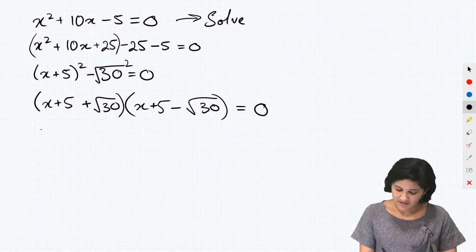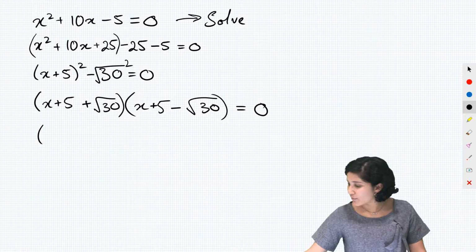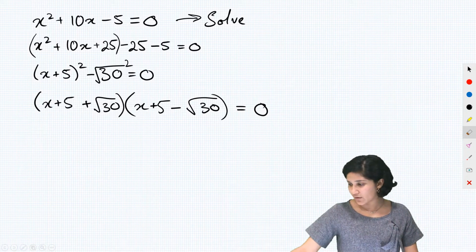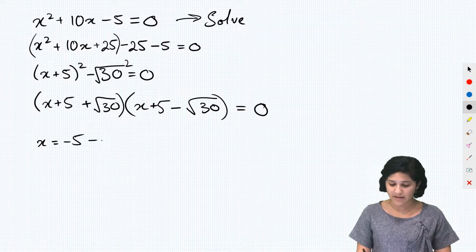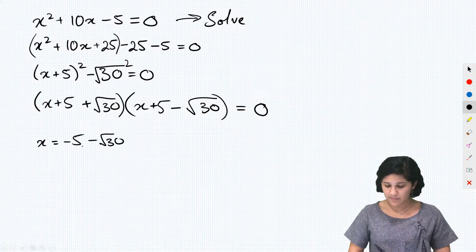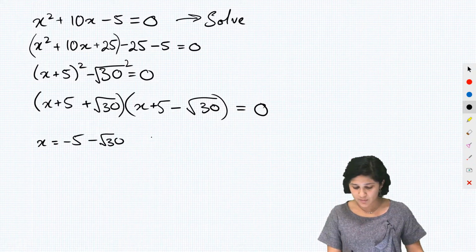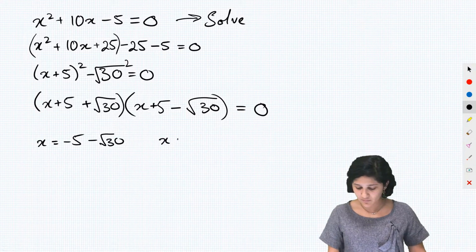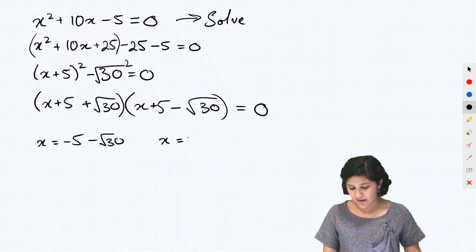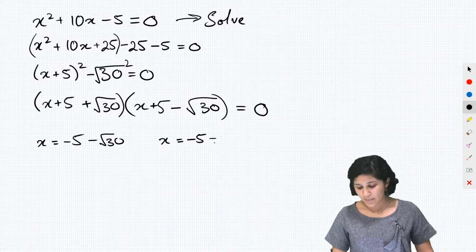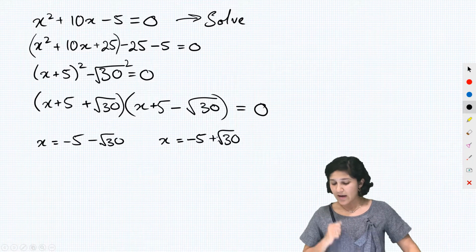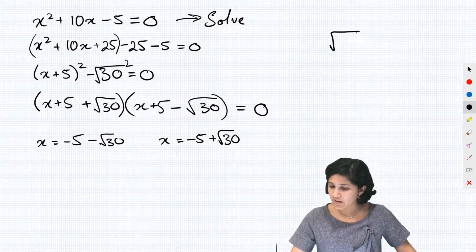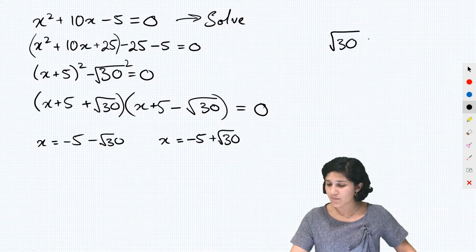So to solve, I just say, well, the first bracket would be 0 if x was equal to -5 minus root 30. And this one would be 0 if x equals -5 plus square root 30. Okay? We can look at our square root 30 and think whether it can be simplified at all.